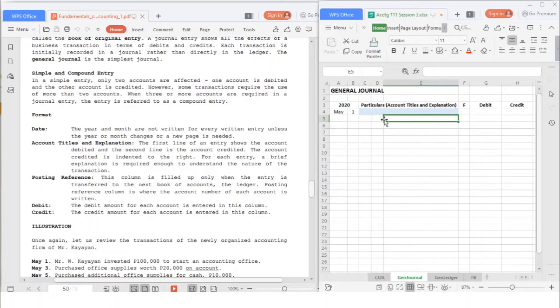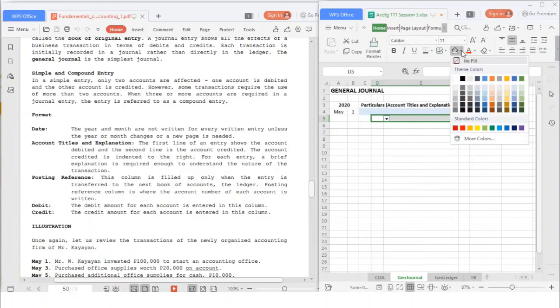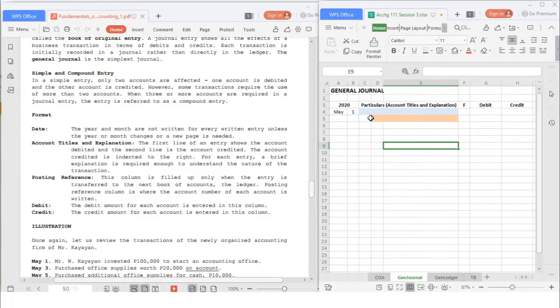Now, the second line is for your credit. But remember, when you credit, it must be indented. Again, when you credit, it should be indented. Your debit starts here, and your credit is indented.